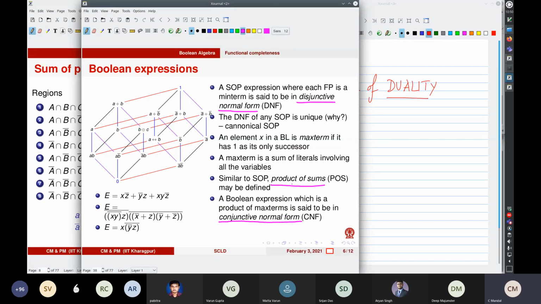Disjunction means sum and conjunction means product.